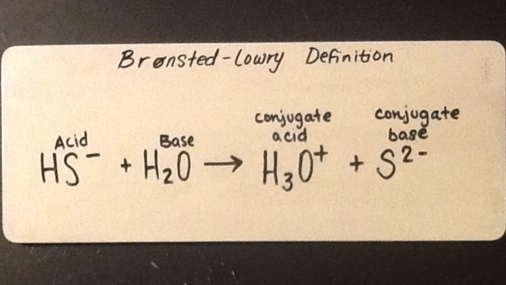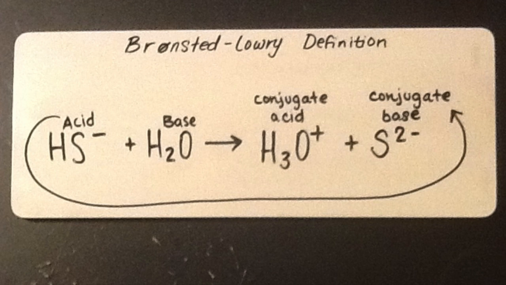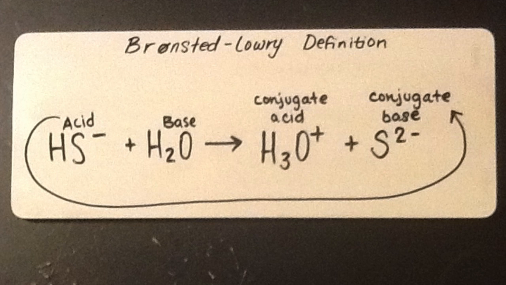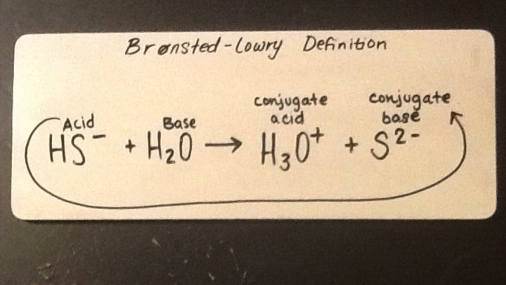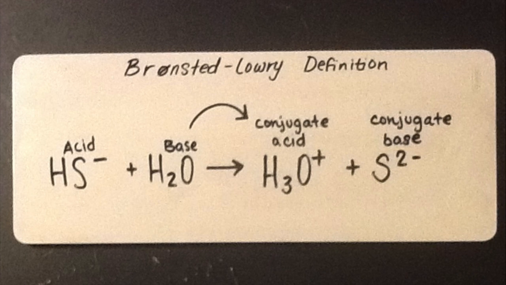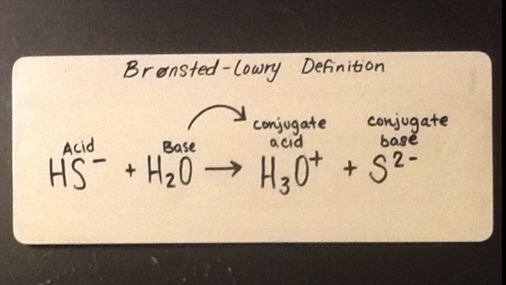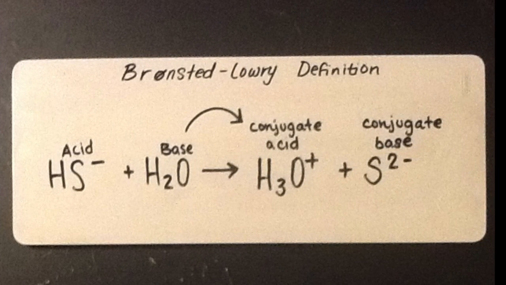And S2 minus can act like a base and accept protons, so we call it the conjugate base. All right, what you should notice is that the conjugate base is made from the original acid. So you start out with an acid like HS minus and you form a conjugate base. Same thing for the other one, all right? You start out with a base like H2O and you form the conjugate acid, hydronium.